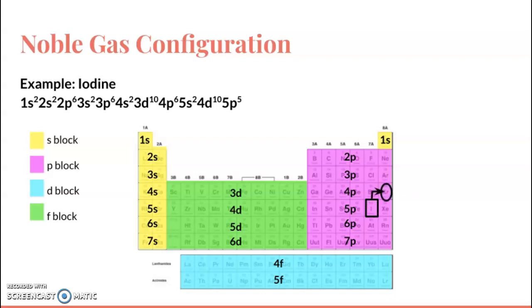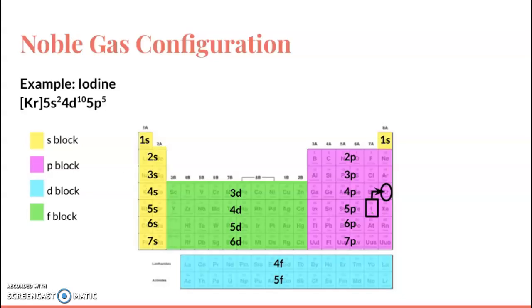So in this example, krypton is the last noble gas that I passed. So I'm going to put krypton in brackets, my chemical symbol in brackets, and then finish up with my noble gas configuration. After krypton, we start with 5s, and I have 2. Then I go to 4d, I have 10. And then I'm in 5p, and I go 1, 2, 3, 4, 5, and I have 5 in my 5p.